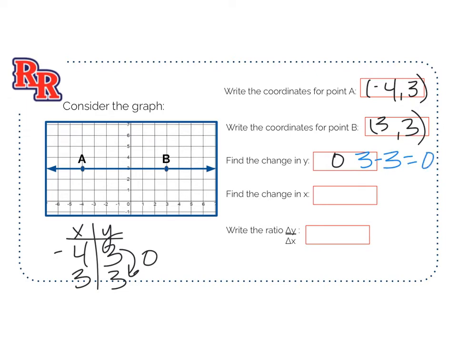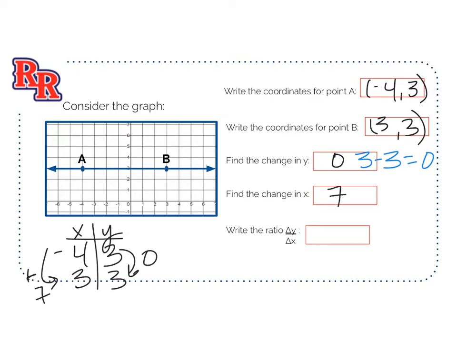Then I have to find the change in x. From -4 to +3, this is how I always do this: -4 to 0 is 4, and 0 to 3 is 3 more, so that's a total of +7. I don't have to always remember all those integer rules. I just think about my number line, quite honestly.